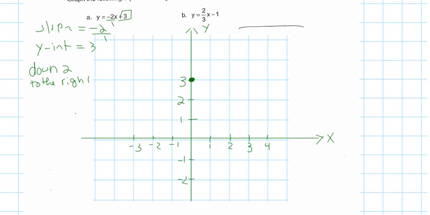If it's a little bit hard, write it down. Okay? So from my y-intercept, I'm going to go down 2, 1 to the right. So this is where I end up for my next point.